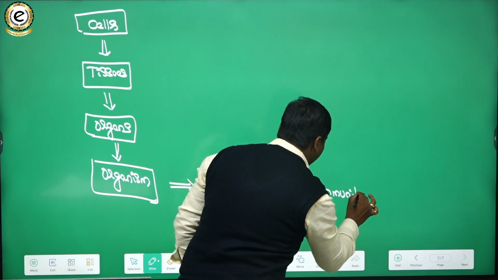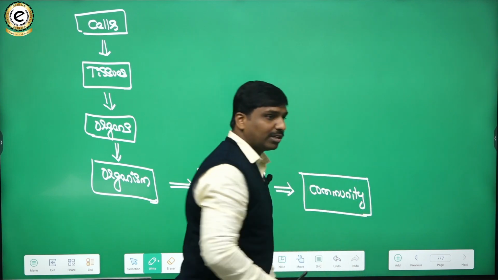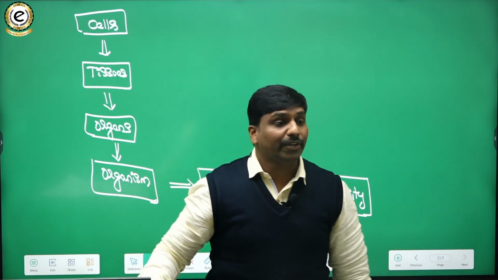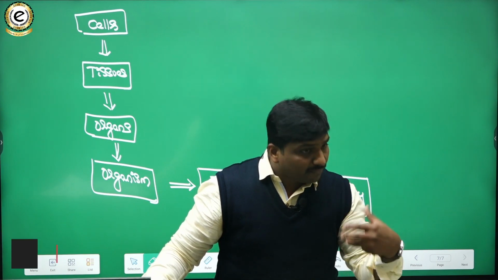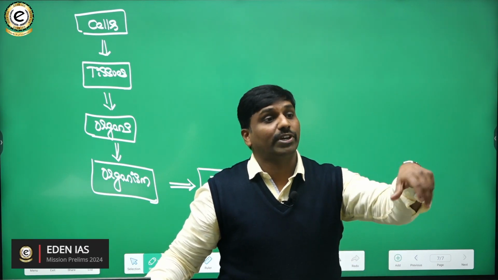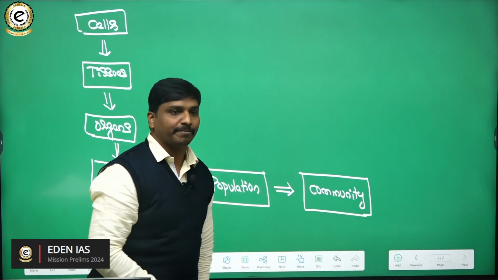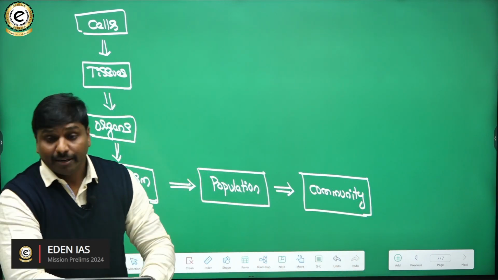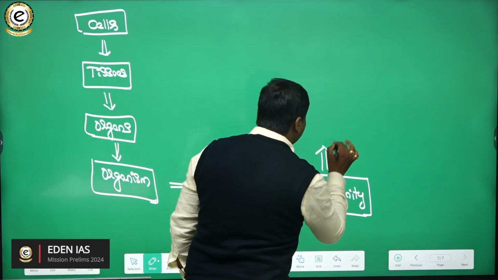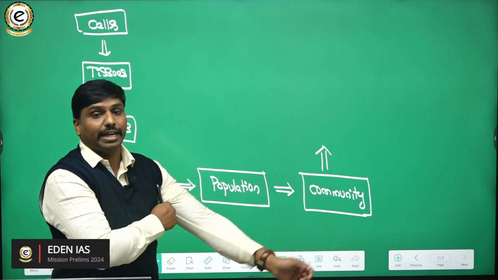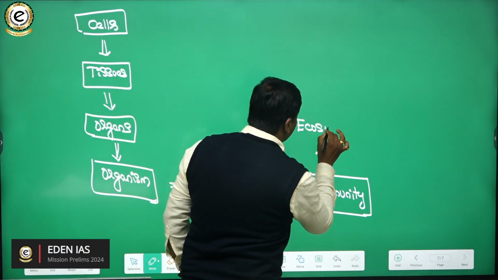Even from the human perspective, you might have seen a community residency area, where various people belonging to different professions live in a particular area. That is nothing but a community. Okay, so the next level of the ecological hierarchy after community is the ecosystem.